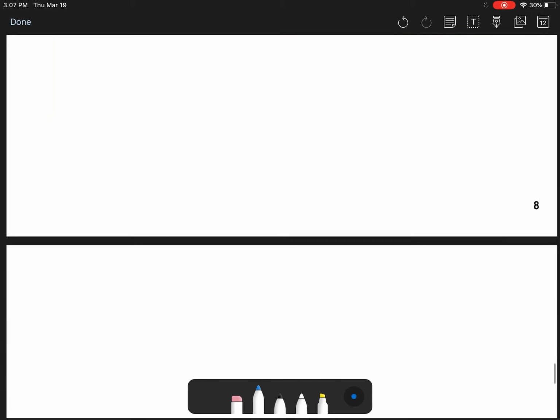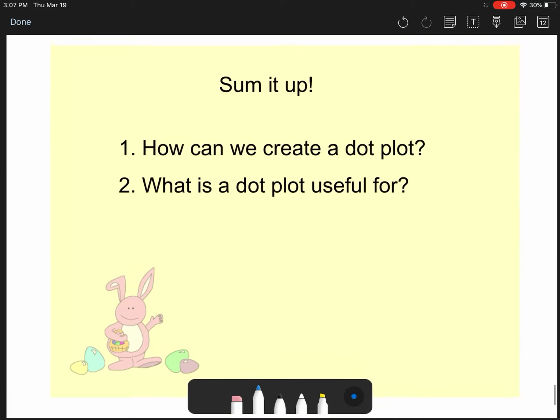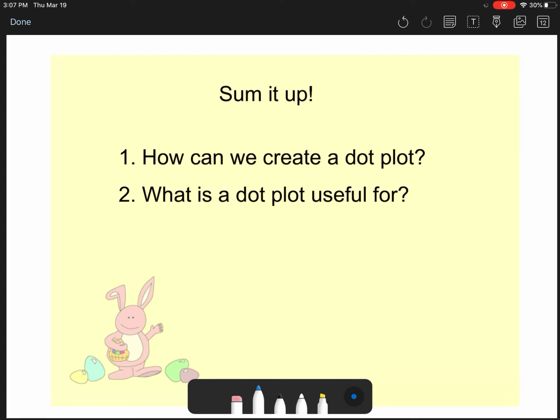All right. Okay, sum it up. How can we create a dot plot, and what is a dot plot useful for? So we really just spoke about that. The way we can create a dot plot is you want to decide what your x-axis is going to represent. Each dot should stand for a single number, and you keep putting more dots on top.